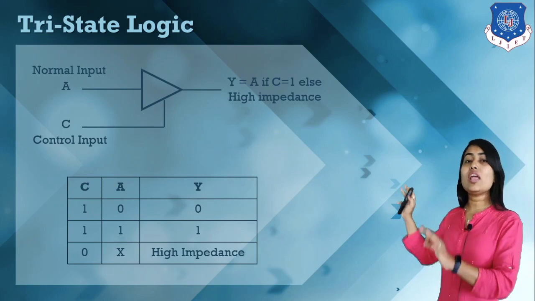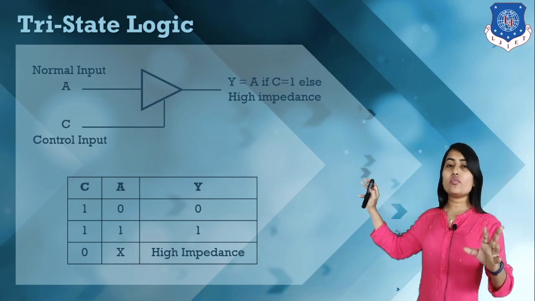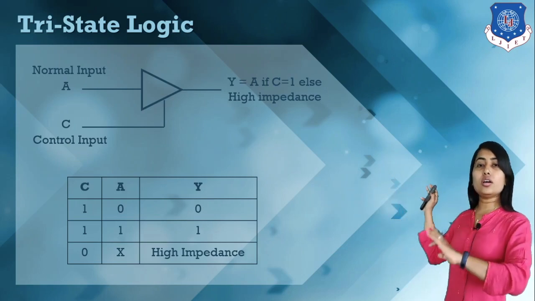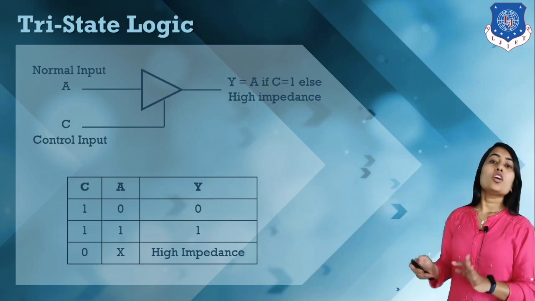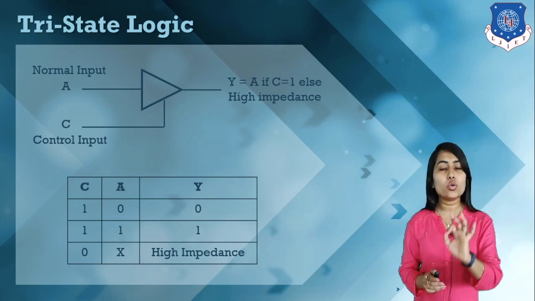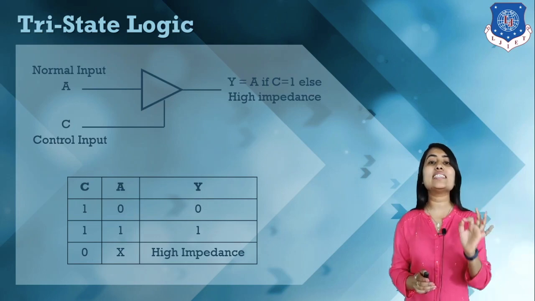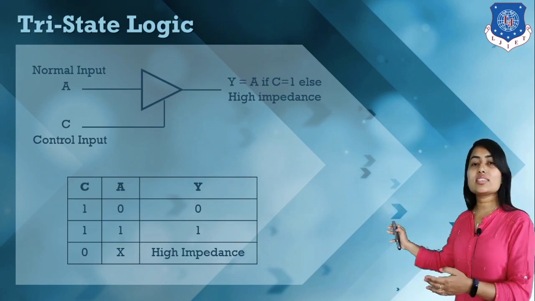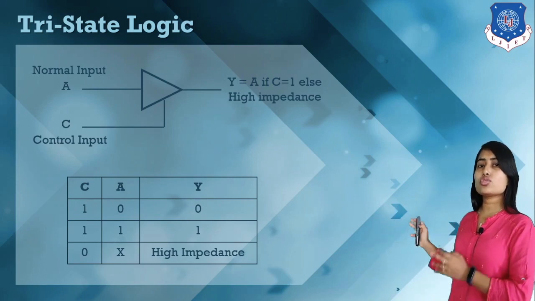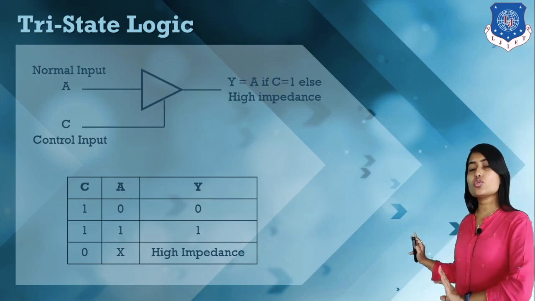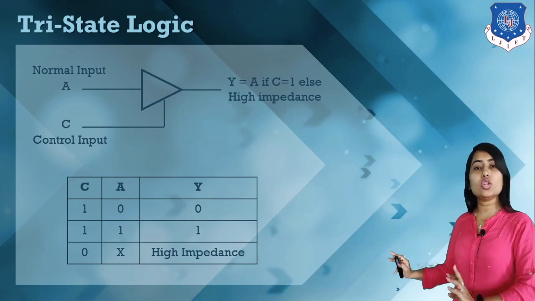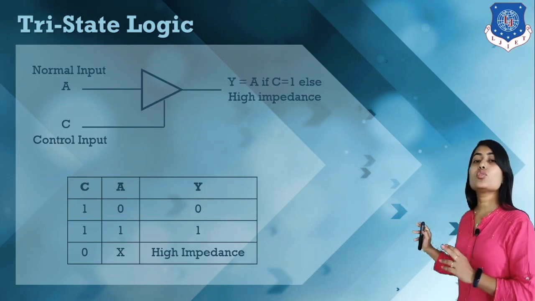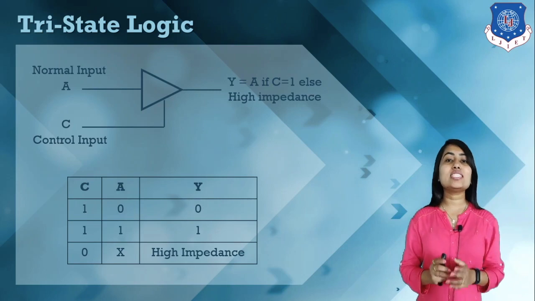So whatever the value of A, either 0 or 1, no value can travel to the output side. So when C is equal to 1, if A is 0, output is 0, and if A is 1, output is 1. But when C is equal to 0, whatever the value of A, the output is in high impedance. So this is three-state logic.